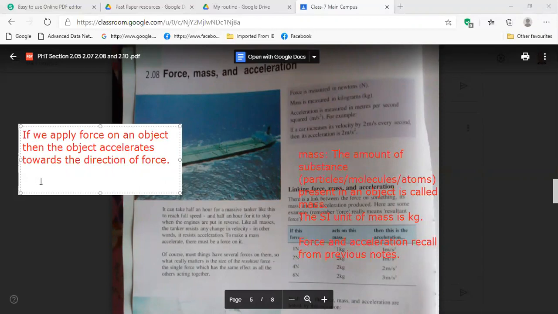Here we have already told you, if we apply force on an object, then the object accelerates towards the direction of force.